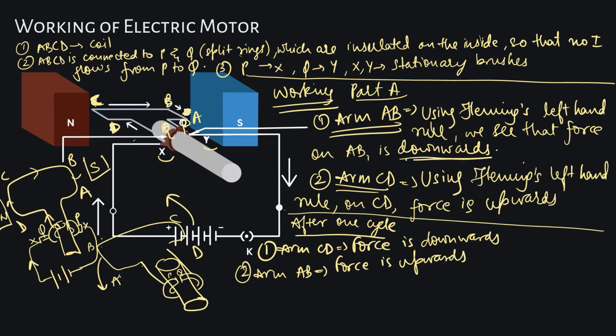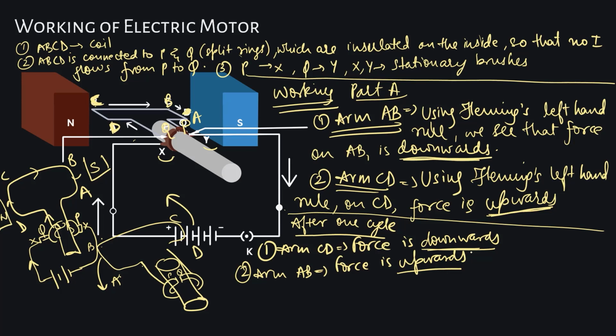AB had force downwards, now it has force upwards. In the first case, CD had force upwards, now CD has force downwards. So this is the reversal in the force that takes place. Now CD experiences a downward force and AB experiences an upward force, so again it turns anti-clockwise and comes back to its original position.